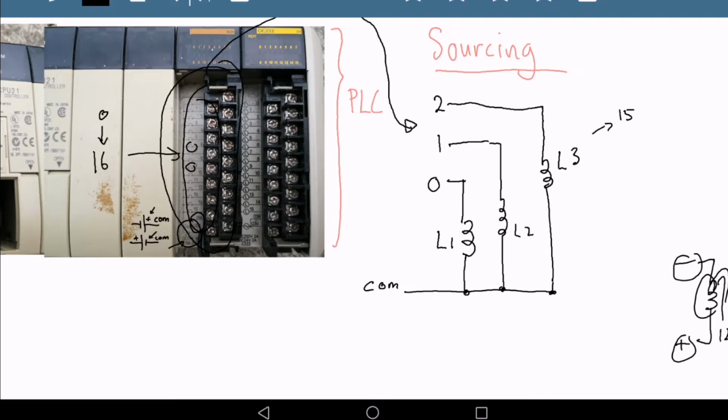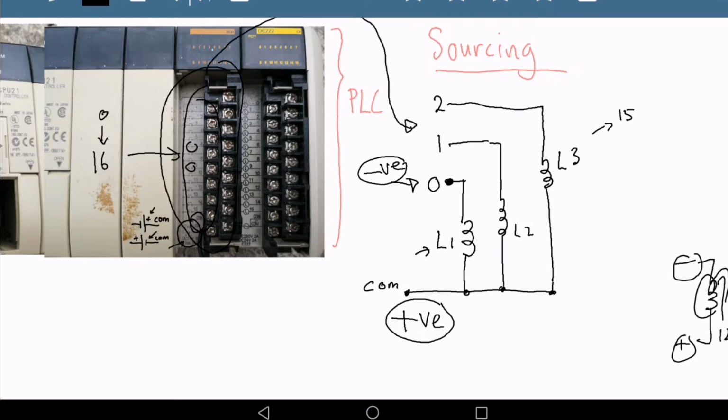So now let's say this common is connected to the positive terminal. What do you think? How to energize, how to turn on L1? To turn on L1 so that it will light up, you need to terminate this point to negative, isn't it?